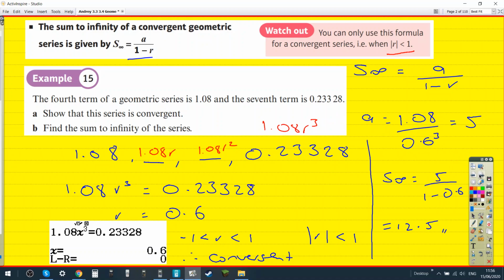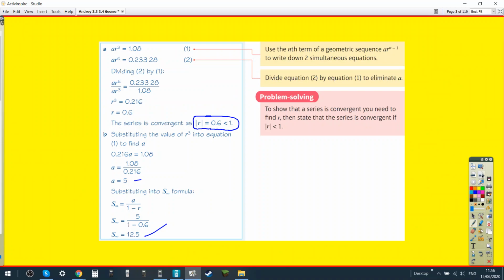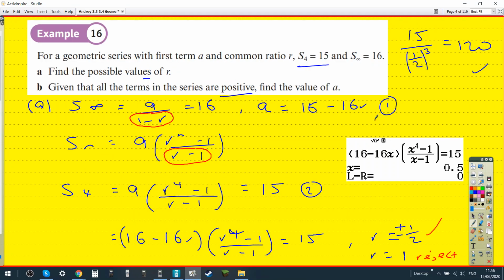Show that it's convergent. You just show that R is between 1 and minus 1, that the magnitude of R is less than 1.